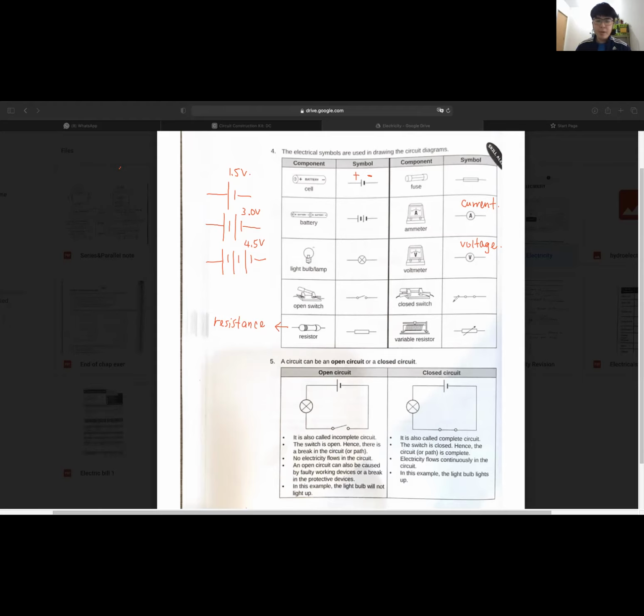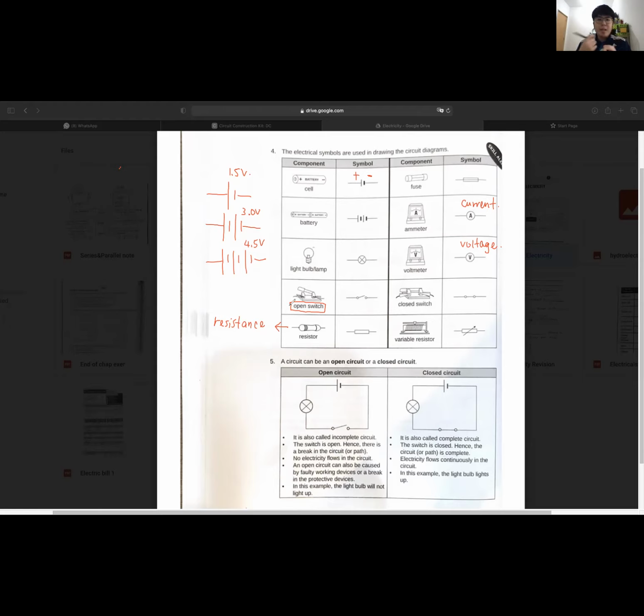And then also we have switch. Closed switch and open switch are the same thing. It's just that one is connected, another one is disconnected. Now, open switch does not mean that the circuit is open. Open switch means that the switch is disconnected, so current cannot flow past the switch.